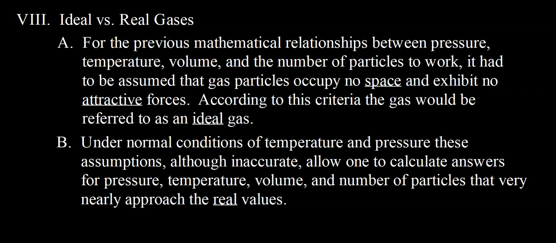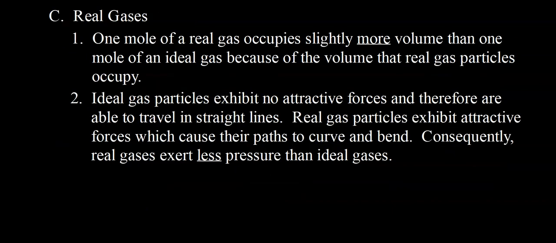So ideal gases have no volume and they exhibit no attractive forces. Under normal conditions of temperature and pressure, these assumptions, although inaccurate, allow one to calculate answers for pressure, temperature, volume, and number of particles that very nearly approach the real values.